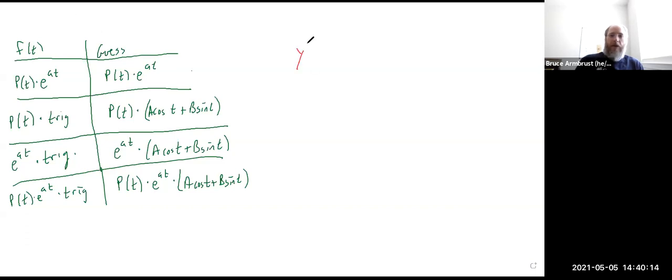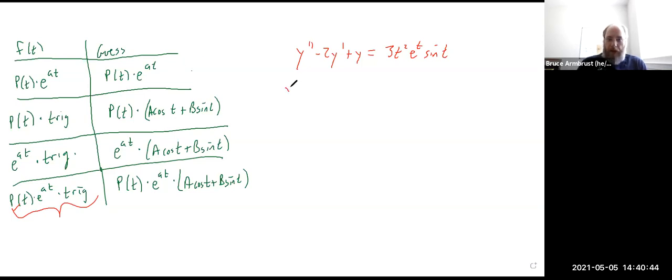We're just going to go with y double prime minus 2y prime plus y equals, and let's say we've got 3t squared e to the t sine of t. All right, so this is the horrible one, it's all three of them.